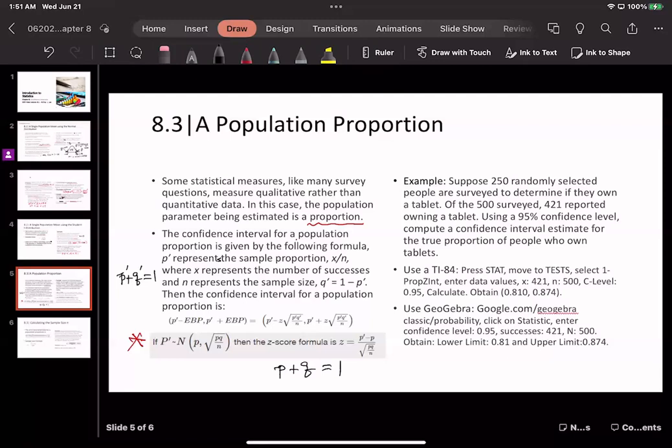Here is an example. Actually, this number is not 250. I'm going to change it.